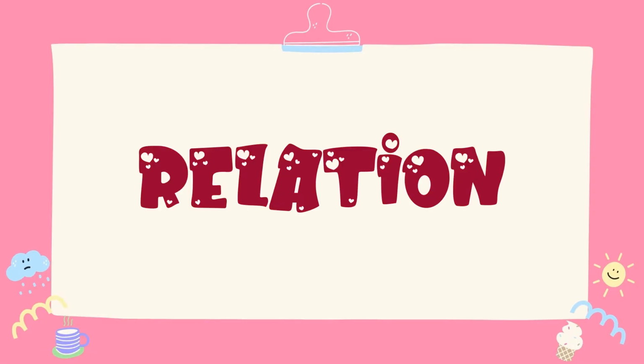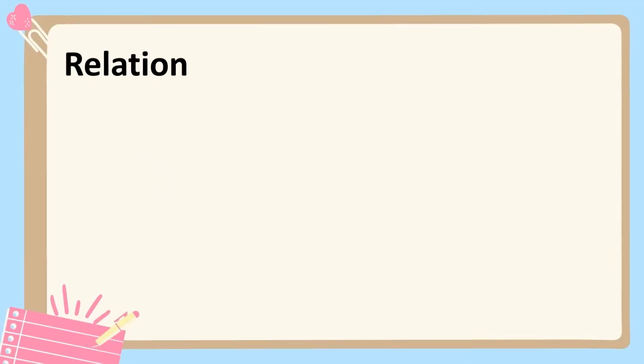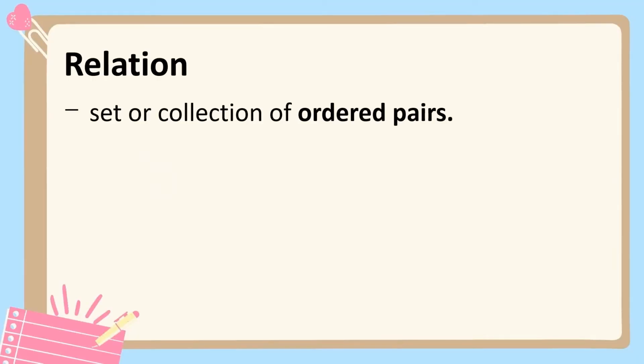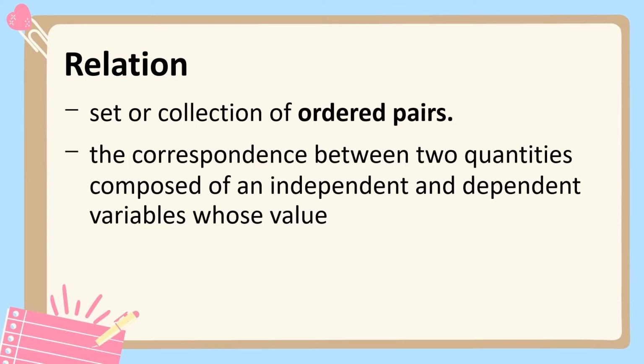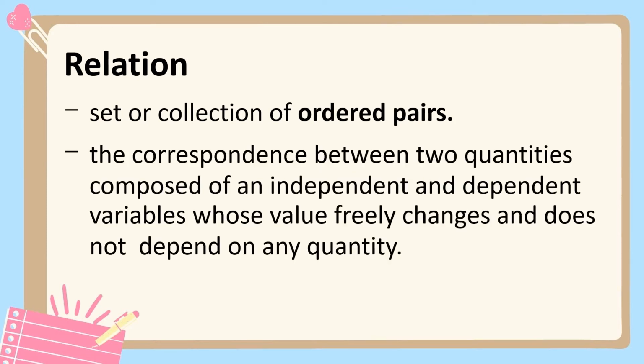Now let's proceed to our next topic, which is relation. Relation is a set or collection of ordered pairs. The correspondence between two quantities composed of independent and dependent variables, whose value freely changes and does not depend on any quantity.